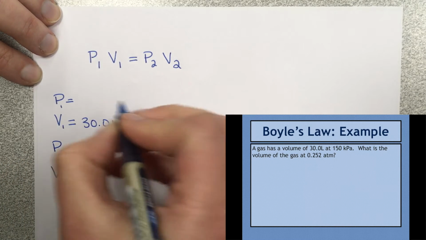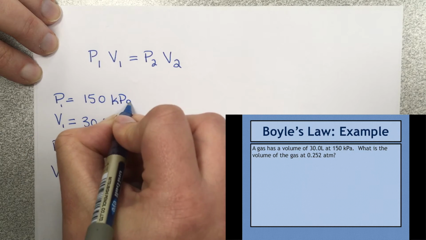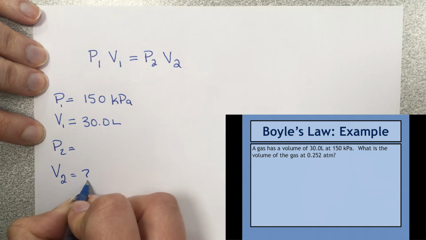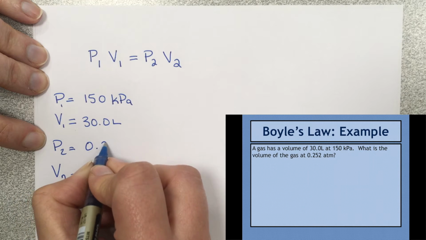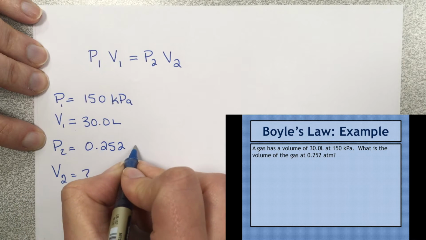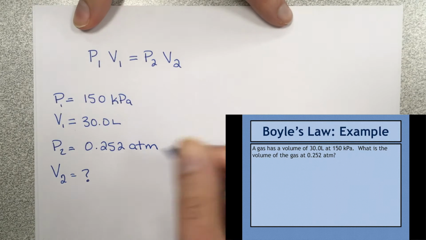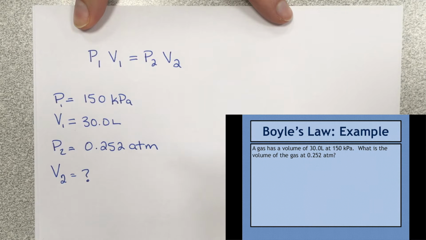What is the volume? We need to know what the volume is. That's our unknown, of the gas at 0.252 atmospheres. So now what we need to do is just plug these numbers in.